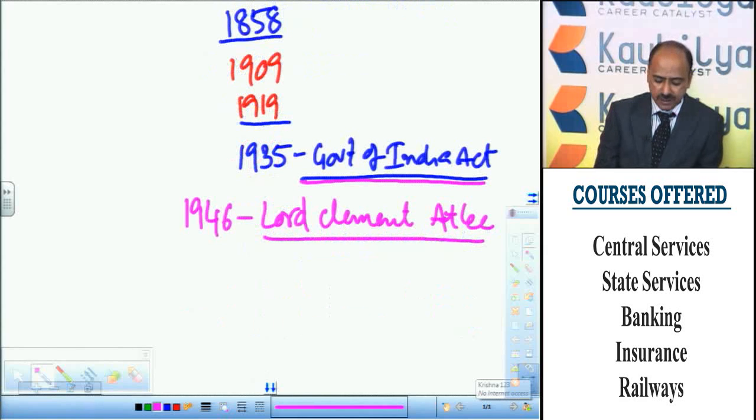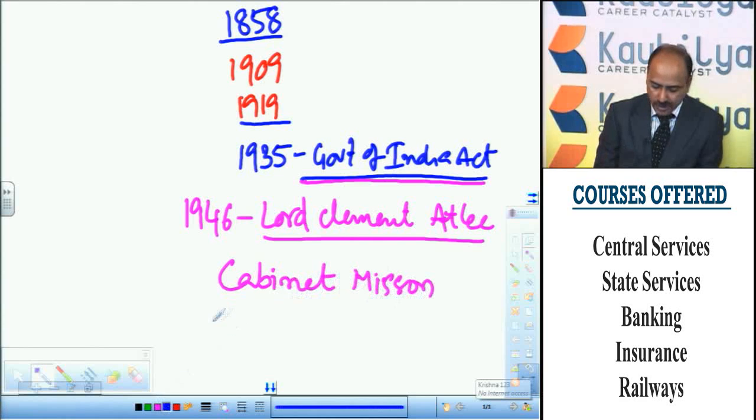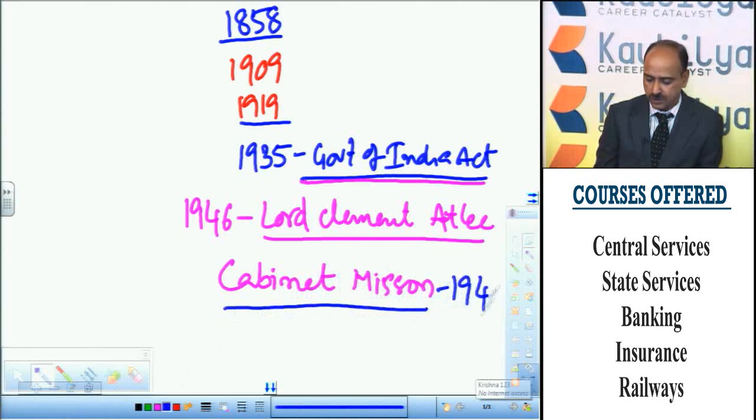He appointed a cabinet mission with his cabinet colleagues. The main aim of this mission was to discuss with Indian leaders about autonomous status and also to make one constitution for the purpose of ruling India.